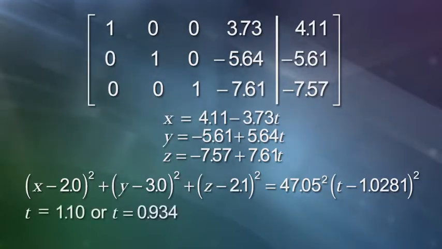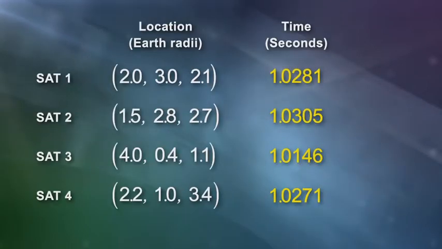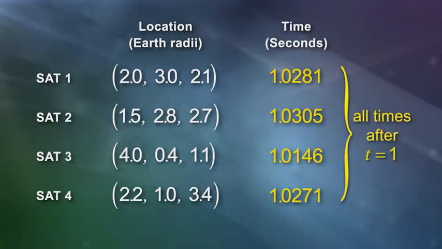What you'll find is that either time equals 1.10 or time equals 0.934. The choice time equals 0.934 is seen to be nonsense, because then the signals would have had to arrive at the phone before they left any of the satellites. And if you recall, all the signals left the satellites after time t equals 1.